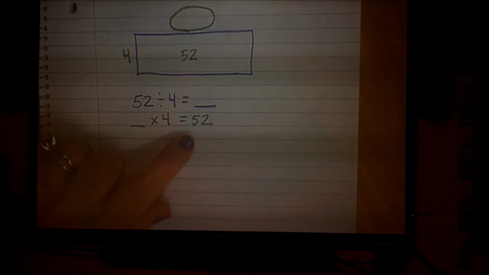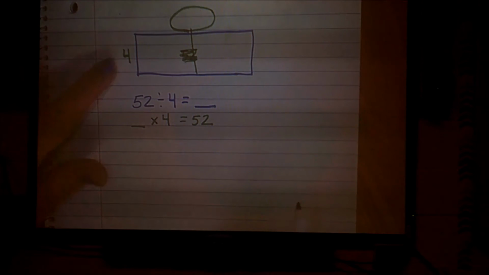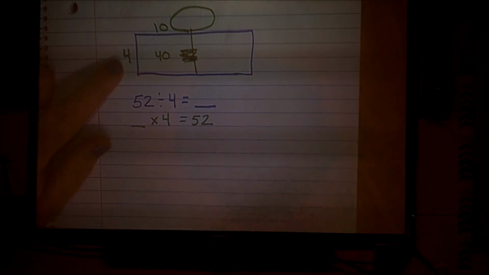I have to figure out this number up here. 4 times what is 52? Well, I don't know, but I know that I can break this box up, and I know that I eventually have to get to that 52 inside there. But I know 4 times 10 will give me 40, which is close to 52.